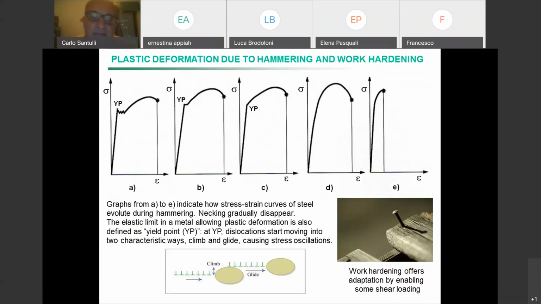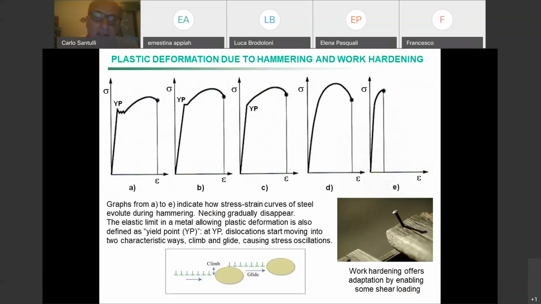It's a real row, for example, of cations which are displaced with respect to another one. And so the dislocation is there as a defect, but it's steady, it's not moving.